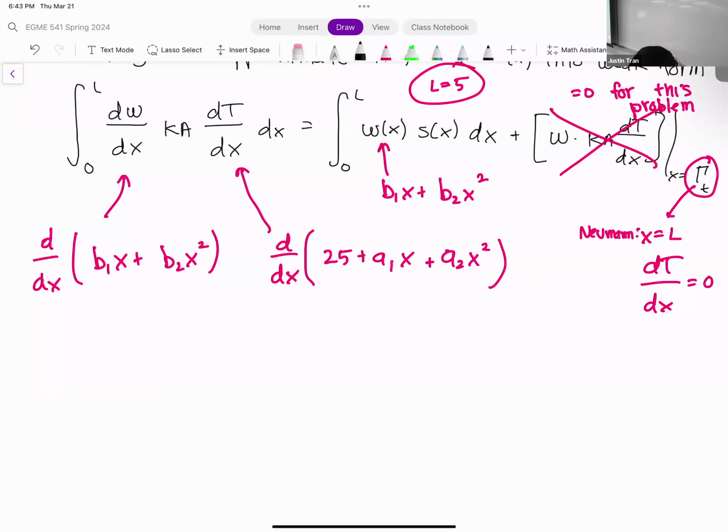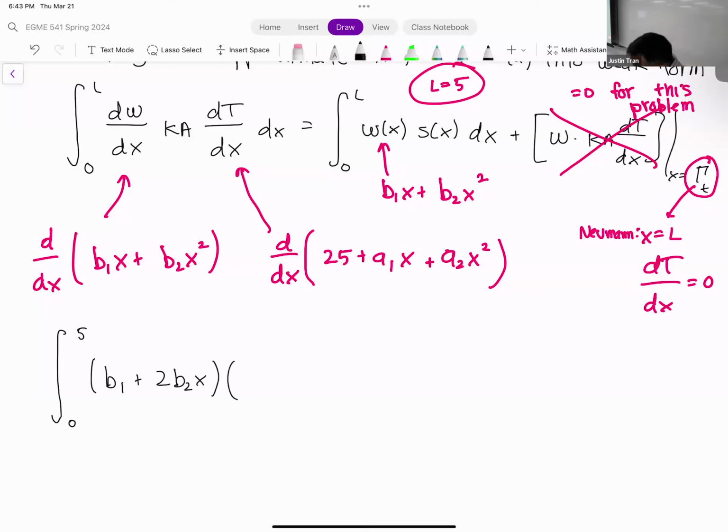Okay, so we plug all these in, we get the integral from 0 to 5 of dw/dx, and so we take the derivative of w(x), we get b1 plus 2b2x. The product of k times A, k is 2, A is 1/2, so that cancels out to 1.